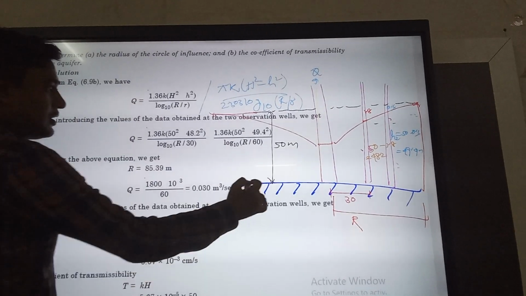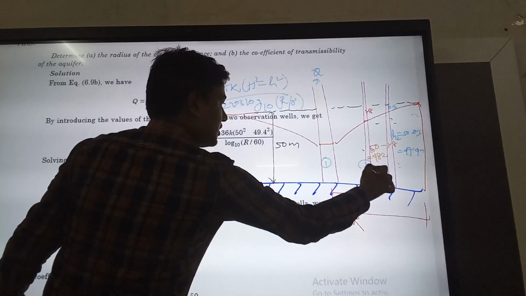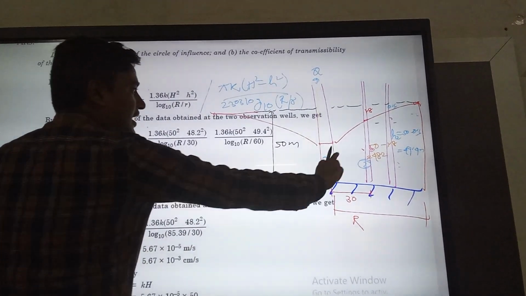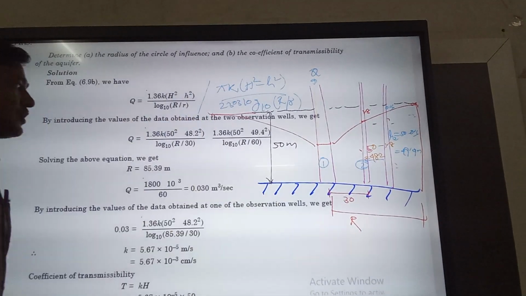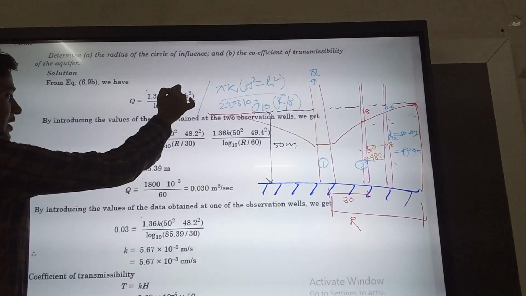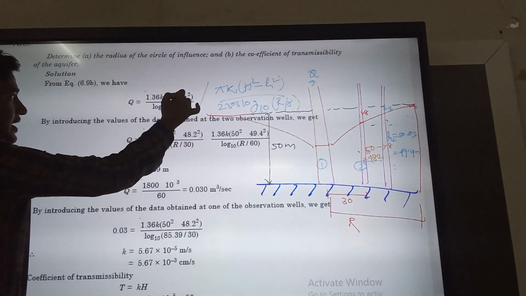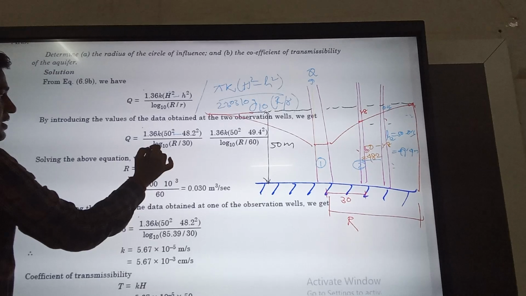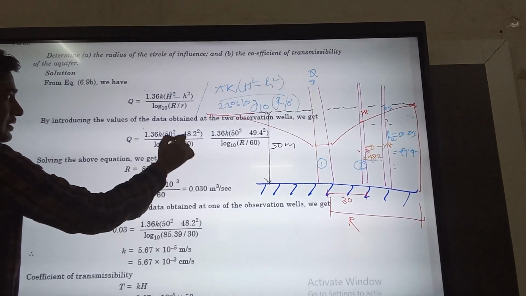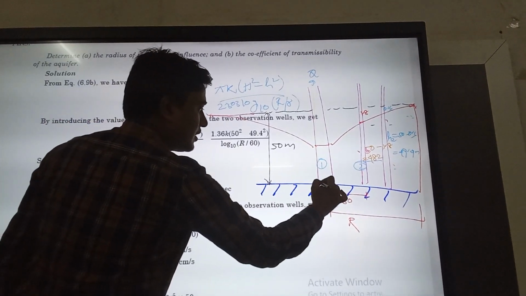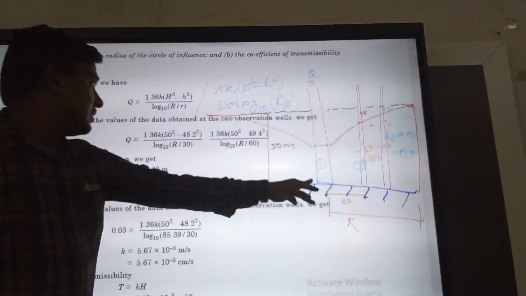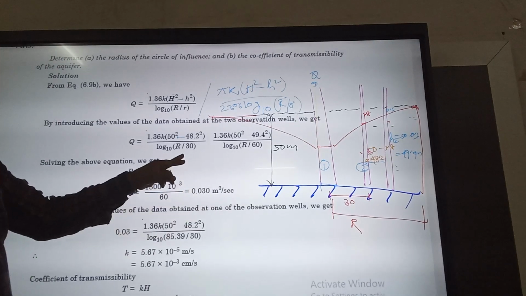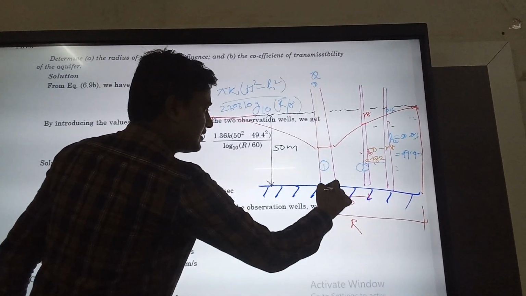Now we consider the main well and the observation wells. From the two wells, the depth of water is 50 meters and 48.2 meters. So now putting the values, H equals 50 and H1 equals 48.2, with the distances 30 meters and 60 meters. First we consider wells 1 and 2. So Q equals 1.36 K times 50 square minus 48.2 whole square, log 10 R by 30, where the observation well distance is 30 meters.